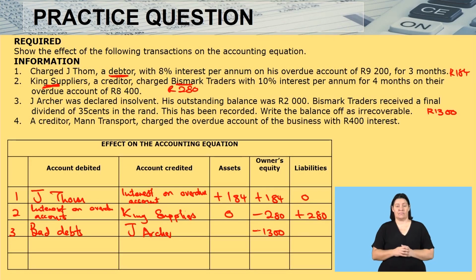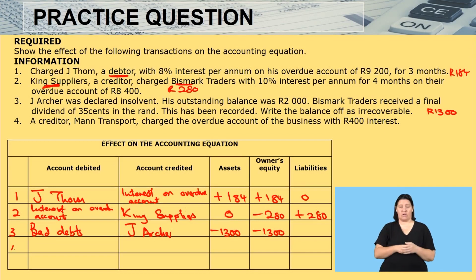And J. Archer is an asset. Remember, J. Archer is part of the debtors, so he falls under assets because he was a debtor. So our debtors are going to decrease by 1,300. All right? And then the next one. So here, on the third one, J. Archer, remember J. Archer is part of your debtors control.